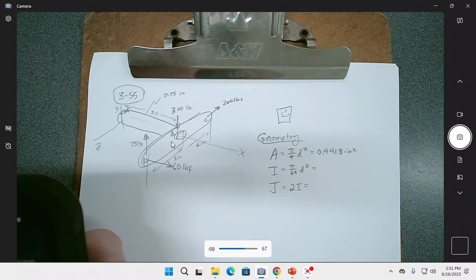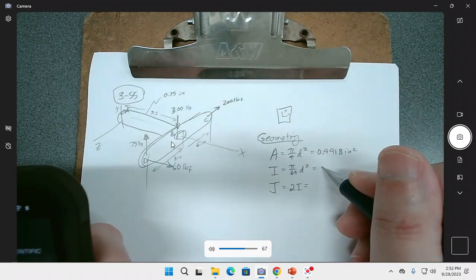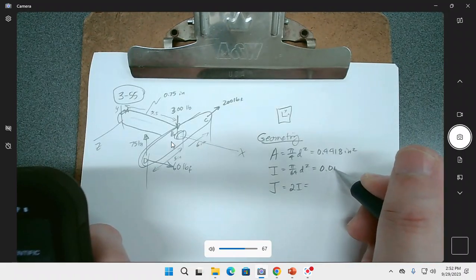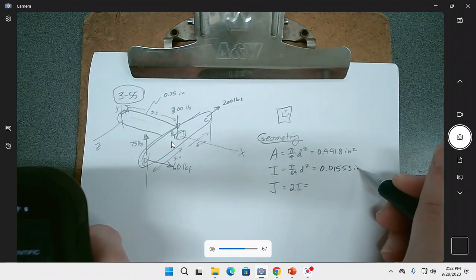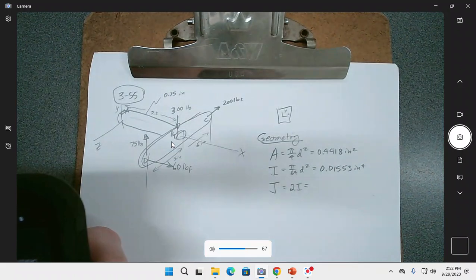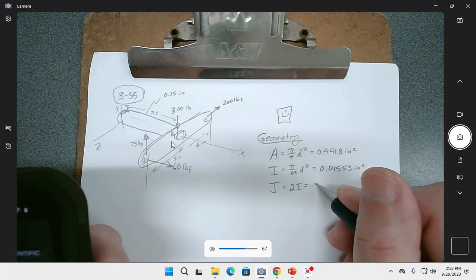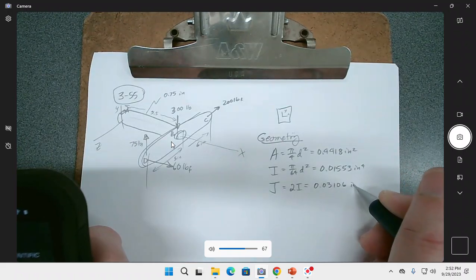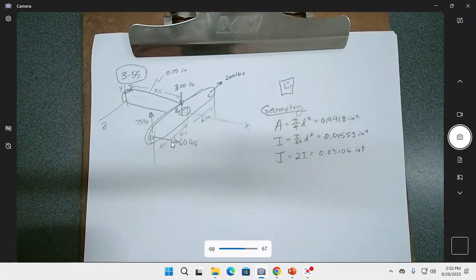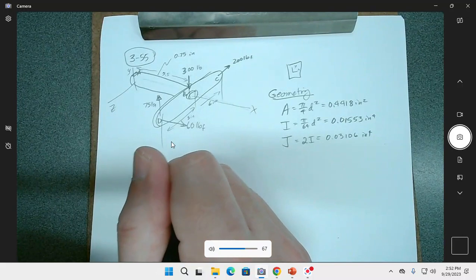Yeah, it's the right number, okay. It's just weird, it looks like I was trying it to be pi when I did that. 64 divided. All right, so I guess I'll write it out this way. 1553, yes, inches to the fourth, multiply by 2, 0.03106 inches to the fourth. Cool.